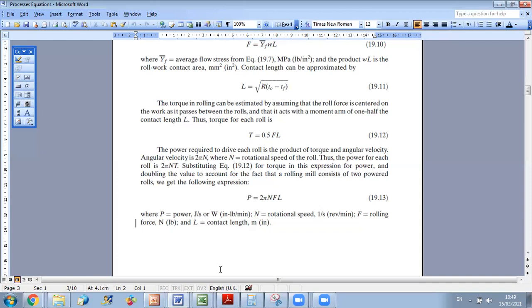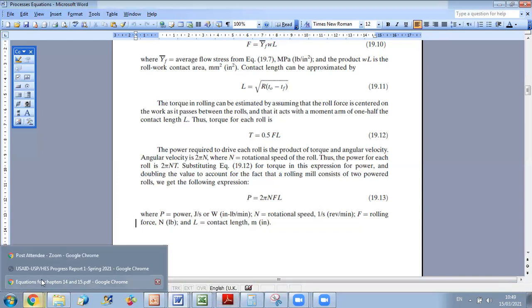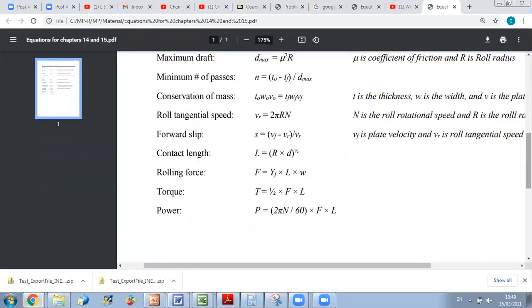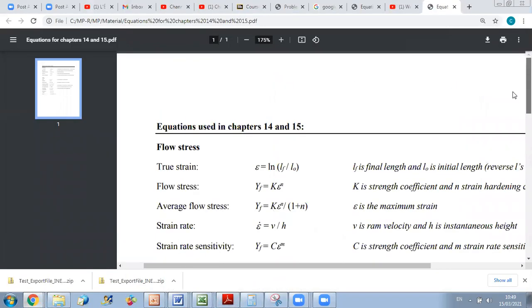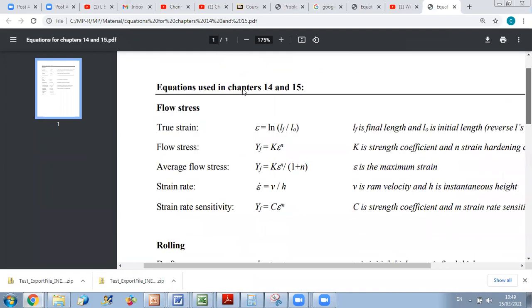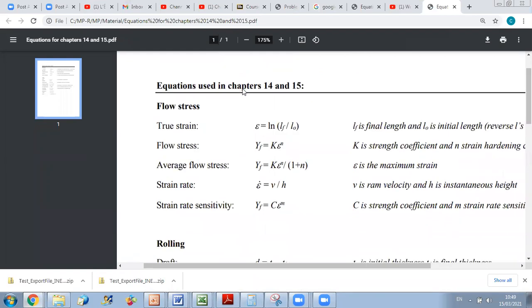So these are the formulas we will practice on Wednesday for chapter 15. Now I also want to tell you that on Blackboard you have an equation summary sheet for all equations in chapter 14 and 15. As you can see here, we have passed over all of these formulas. The true strain is ln L final over L0. The flow stress is K epsilon to the power n.